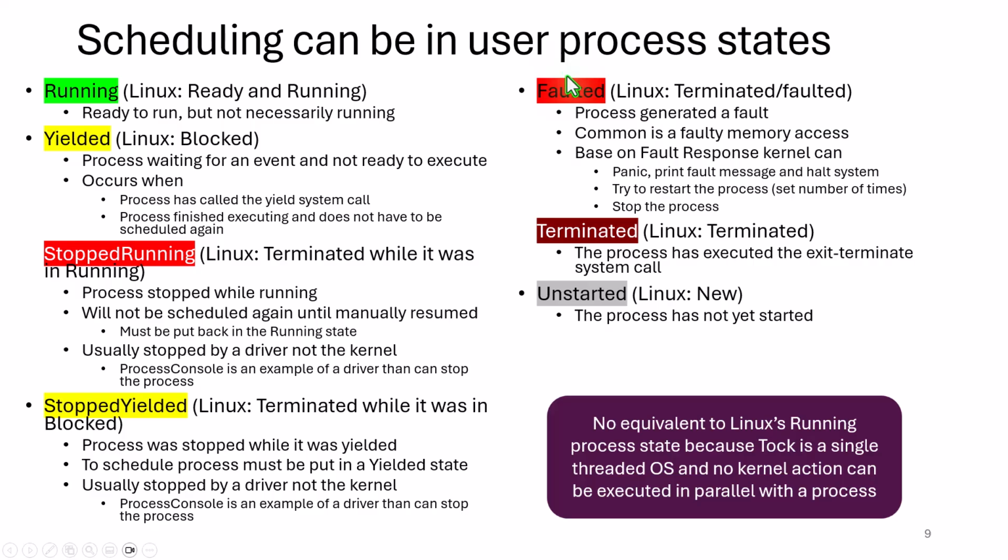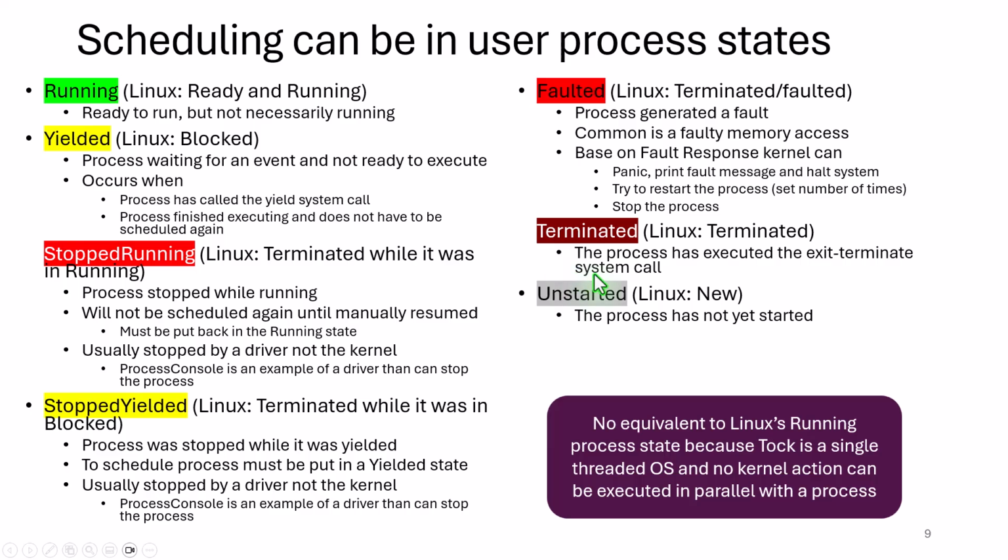A couple of other ones are faulted. That's similar to the Linux terminated or faulted, and that's when the process generated some fault, normally a memory access issue. And then there's terminated. In this case, that's just like the Linux terminated, and the process intentionally executed the exit terminate system call.